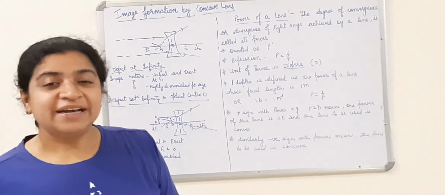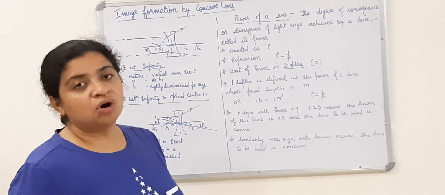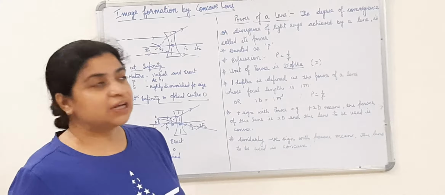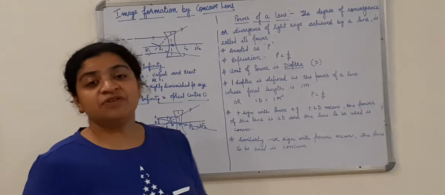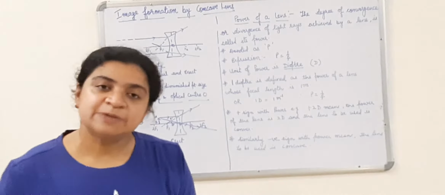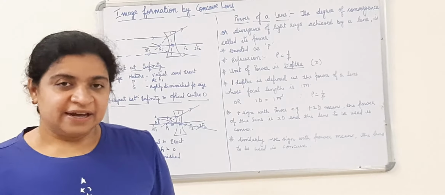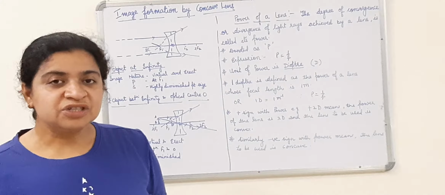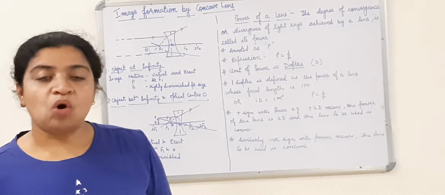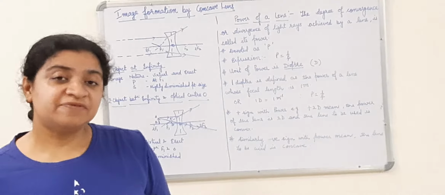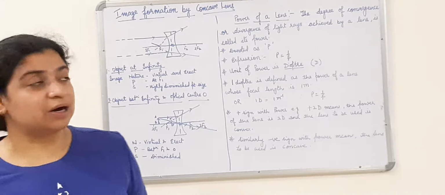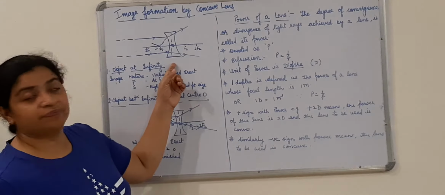The degree of convergence or divergence of the light rays achieved by a lens is known as its power. Suppose there is a concave lens.